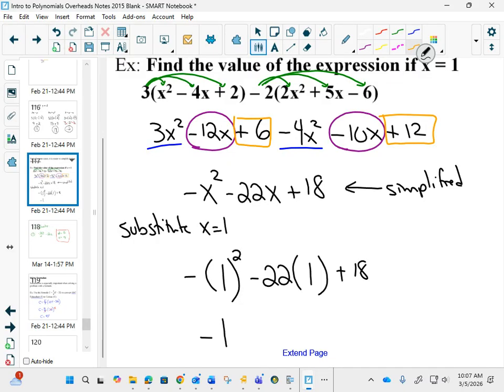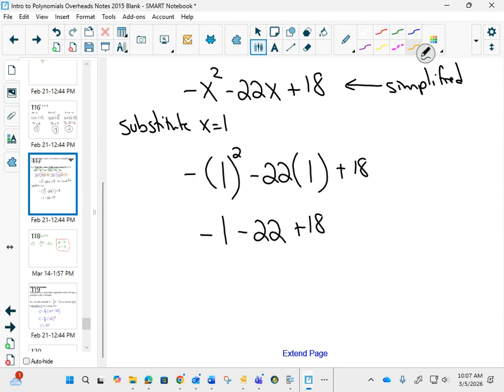That negative does not get the exponent. The exponent is just to the 1. Negative 22 times 1? Negative 22. And then plus 18. This is going to equal negative 1 minus 22, negative 23.